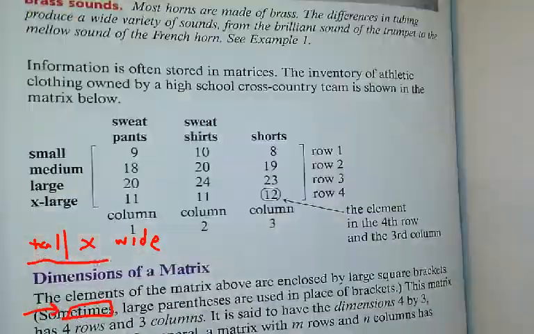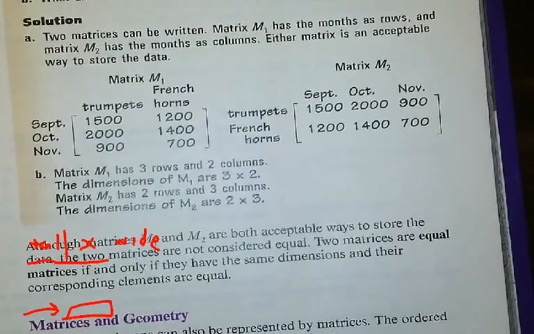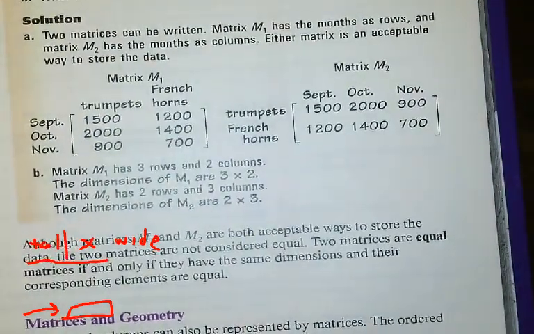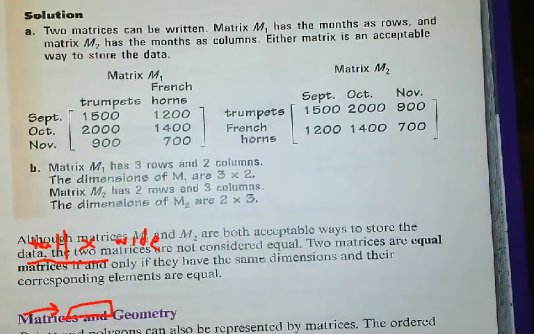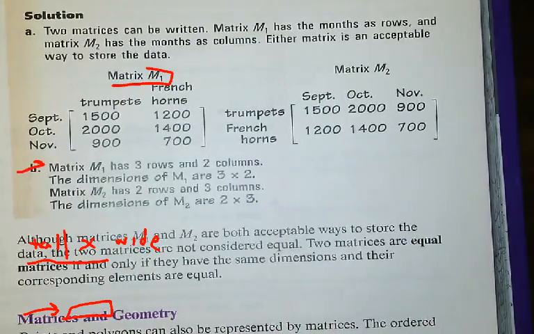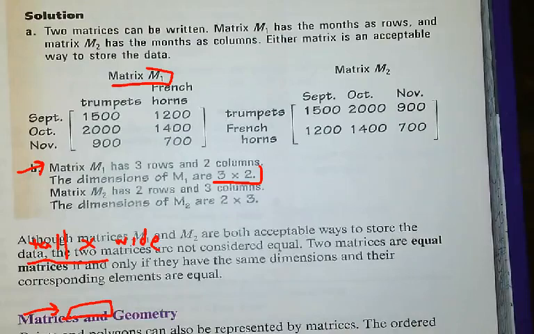Let's look at this one. Here, this one is 3 tall. This is matrix M1. See M1 right there? Matrix M1 is 3 tall and 2 wide, right?